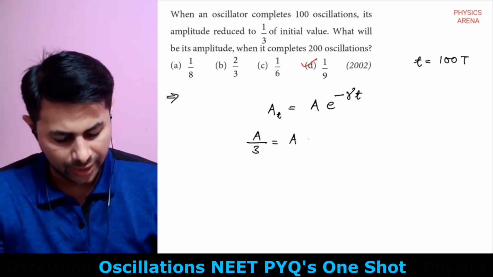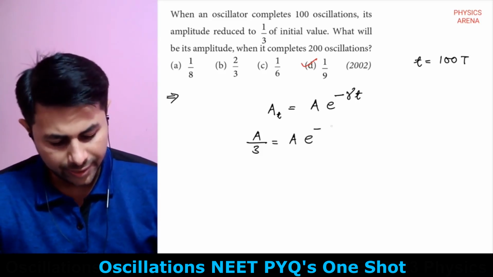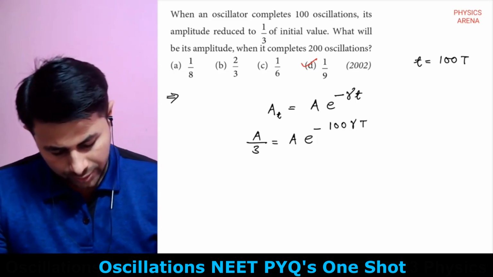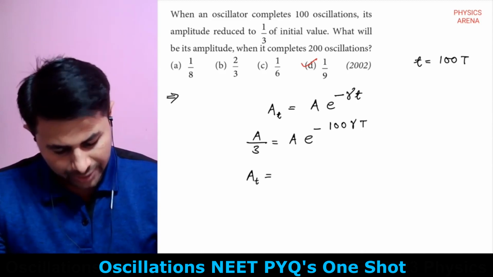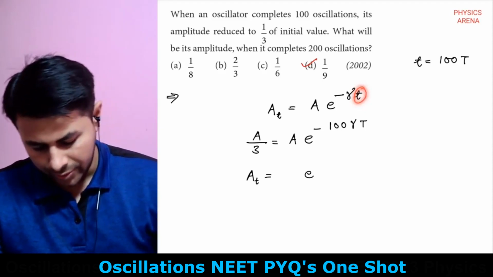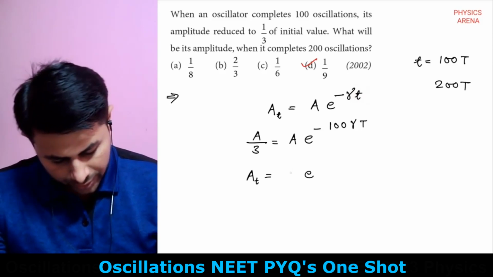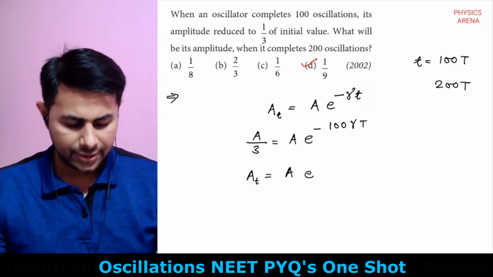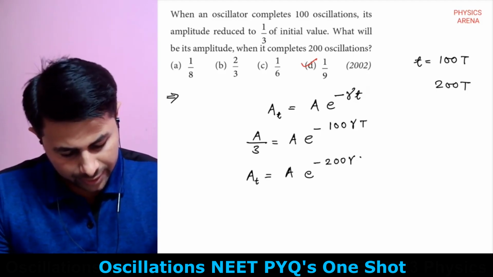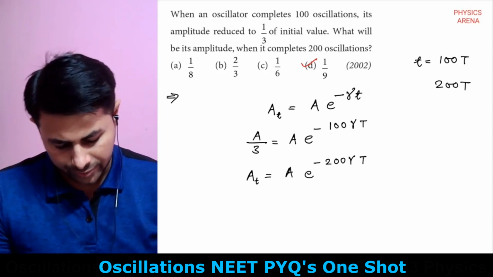So A by 3 is equal to A multiplied by e raised to minus 100 gamma T. So you want to find what happens when t is equal to what? 200 times T, right? So the amplitude at that time, suppose A_t, is e raised to minus 200 gamma T. Then you can divide these two.